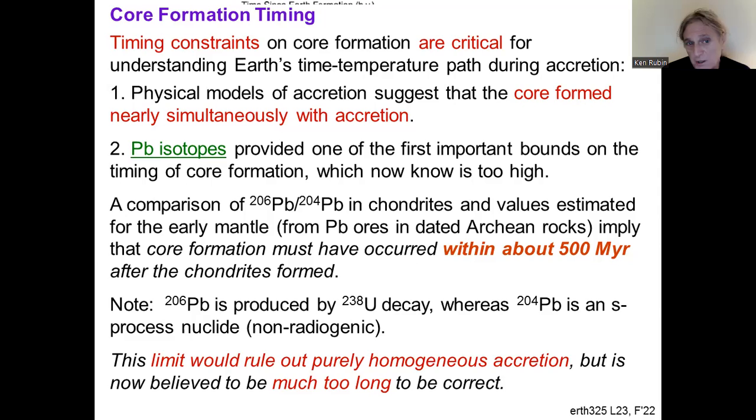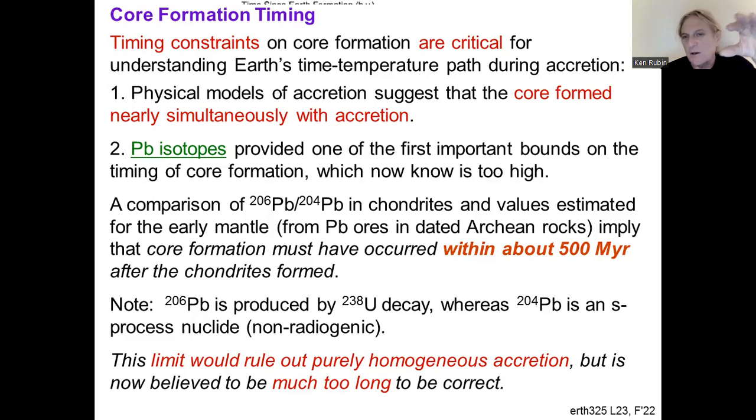We can use lead isotopes, lead being a very mildly siderophile and chalcophile element that finds some small proportion into the core. So we can look at the relative proportion of lead-206, which is produced from uranium-238, and lead-204, which is not a radioactive decay product. It's part of the original nucleosynthetic component in Earth.